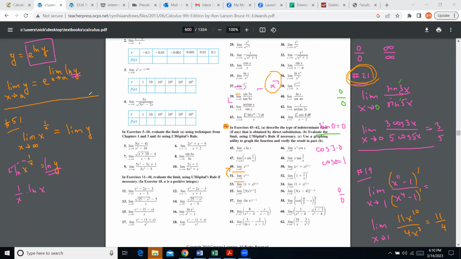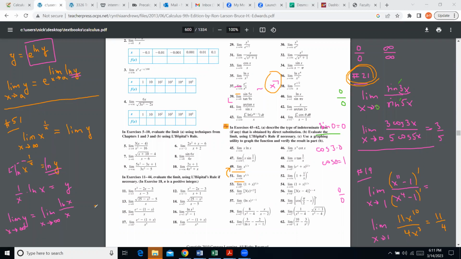So notice that if I take a limit of this, this is equal to y. So I can write that limit of y is the same as a limit of ln x in the numerator and x in the denominator. And when we approach infinity, you end up with infinity divided by infinity, right?